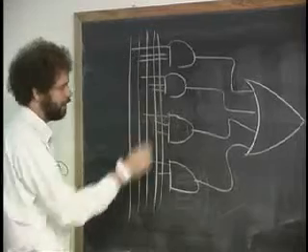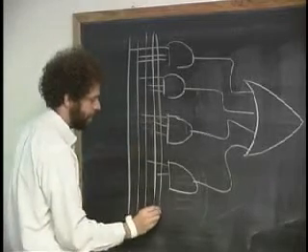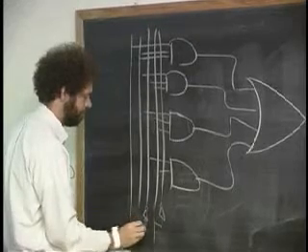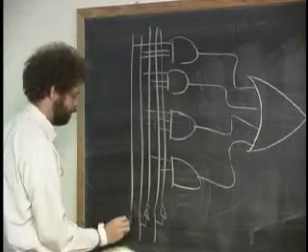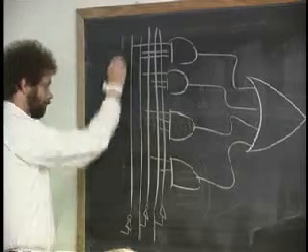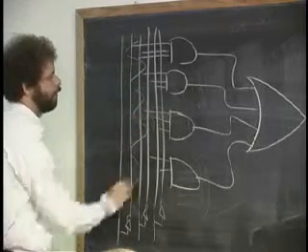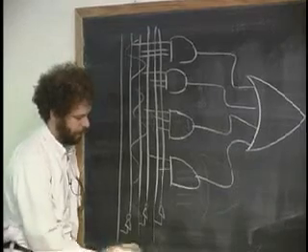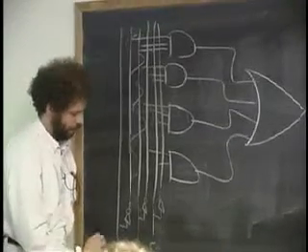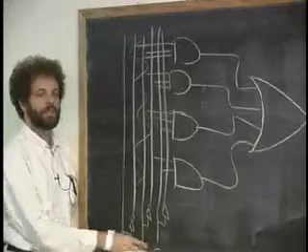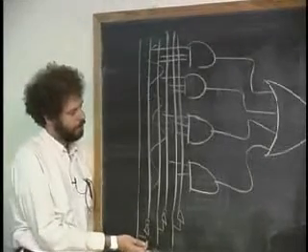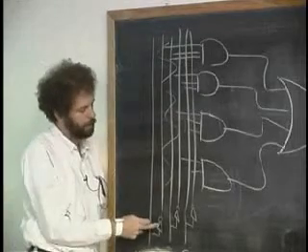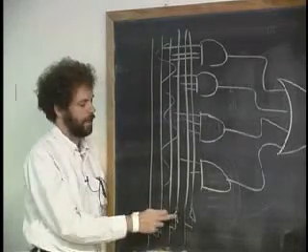Okay, and I'm drawing this in a very messy way on purpose, because you're going to see what I'm going to do. I'm not going to worry about what gets hooked up here, but here's the inputs A, B, and C. I'm going to take A, B, and C, and I'm going to form wires that correspond to A, B, and C, and I'm also going to take the inverse of A, B, and C. These are NOT gates.